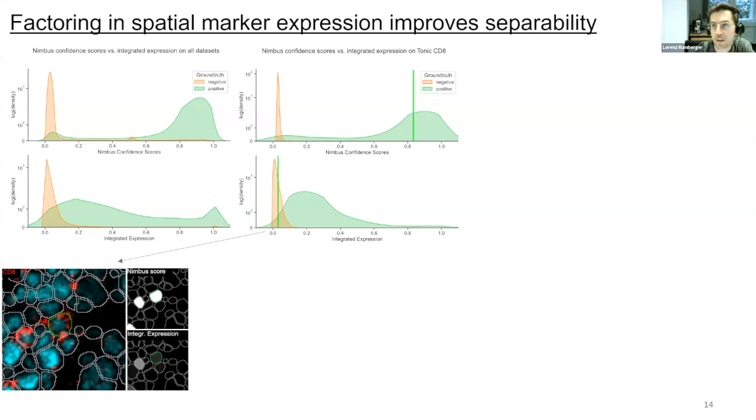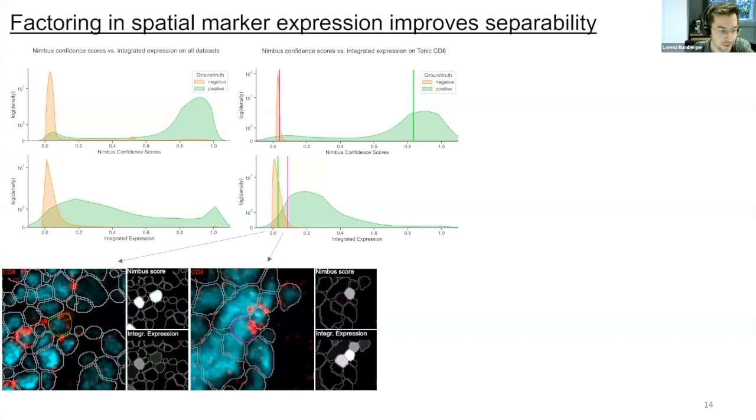This cell got identified by our expert annotators as a positive cell. The integrated expression level is quite low, actually 0.02, whereas the Nimbus score is 0.82. So this cell with a really low integrated expression got picked up by our model, predicted to be a positive cell because of the distinct staining pattern.